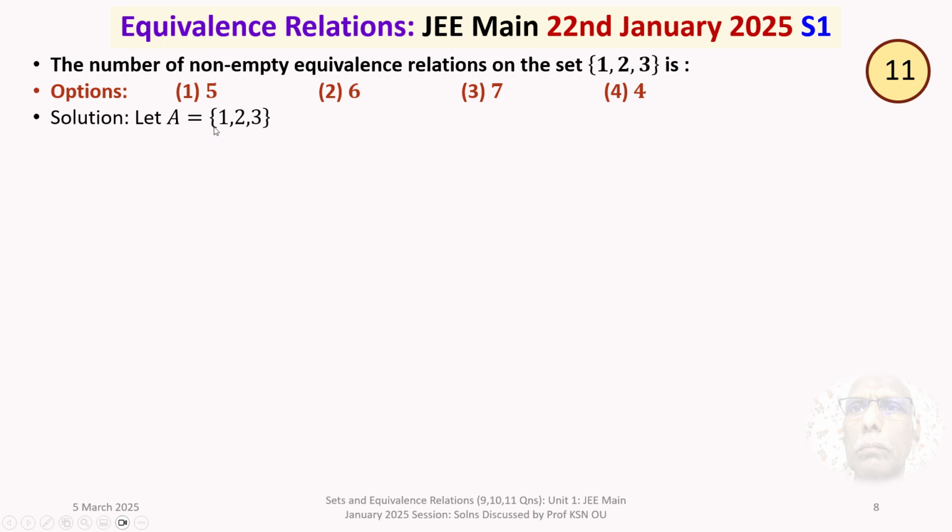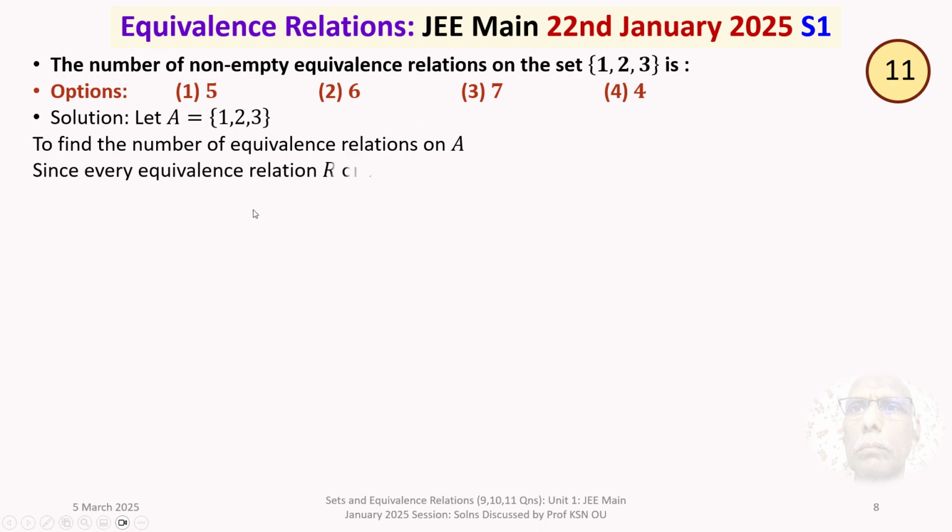Let A be the set consisting of 1, 2, 3, and we need to find the number of equivalence relations on A. Since every equivalence relation R on A is reflexive, the ordered pair (a, a) belongs to R for all a in A. So in R there should be (1,1), (2,2), (3,3).